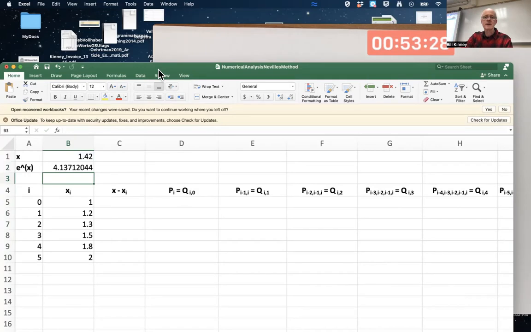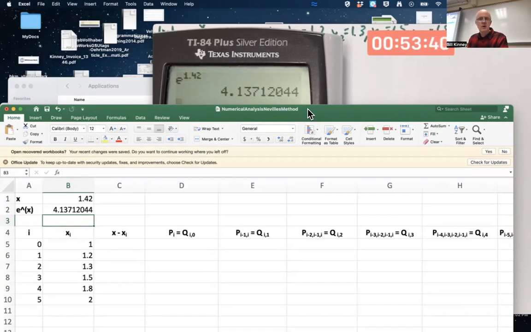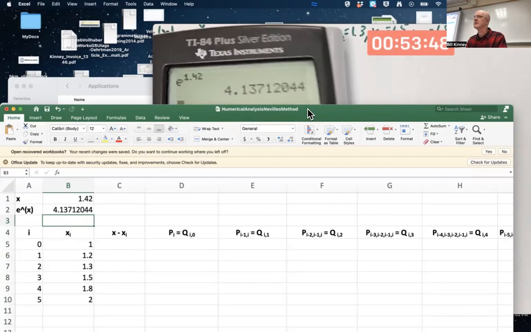It gives 4.13712044. We can confirm it with a calculator: e to the 1.42 power, 4.13712044. Yes. Okay, so there's what it is, accurate to 8 places after the decimal.